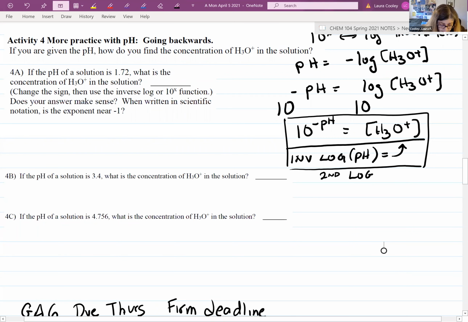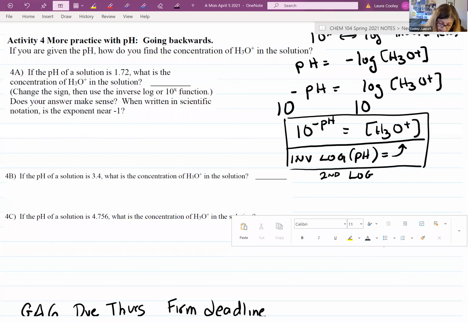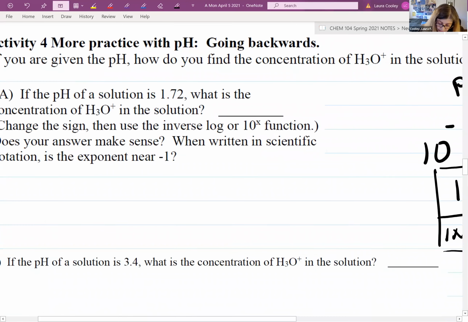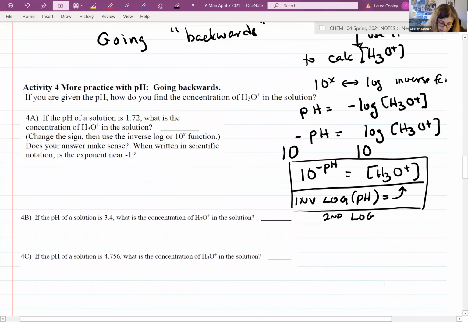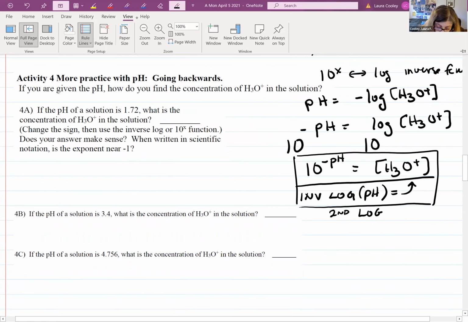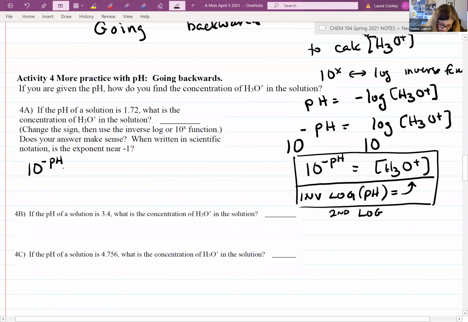So here we are, activity 4. If the pH of a solution is 1.72, what is the concentration of H3O plus in that solution? So going backwards, what you have to do is take 10 to the negative of the pH. In this case, it's 10 to the negative 1.72.